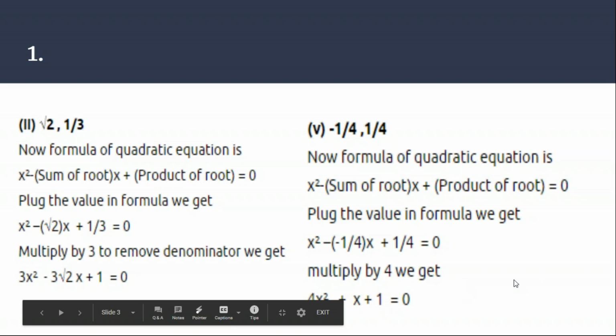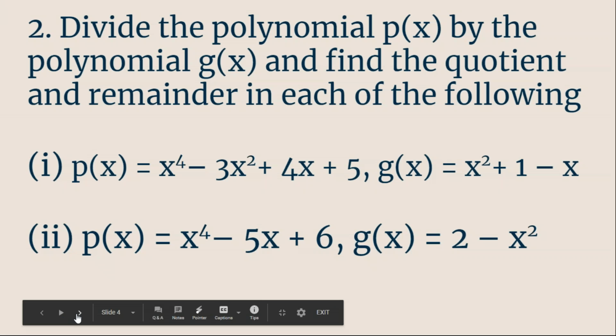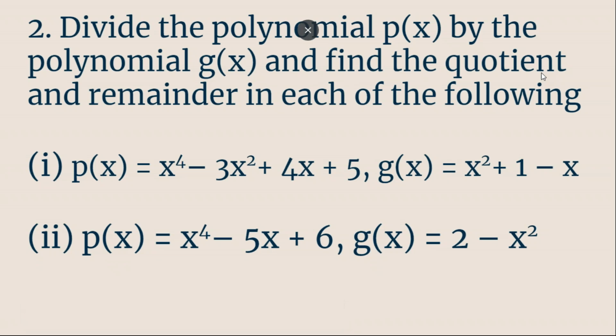Okay, guys. So we'll move on to the next one. The next question is, divide the polynomial p of x by the polynomial g of x and find the quotient and the remainder. Okay, for this you need to do long division. So first consider the first subpart, then give me the answer for the first subpart, then we'll move on to the second one.